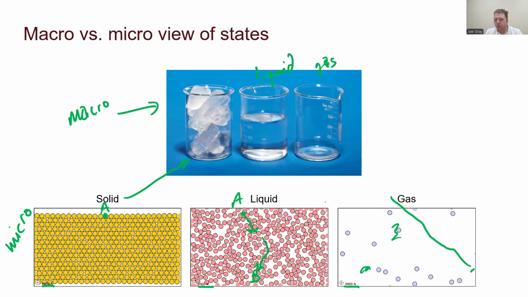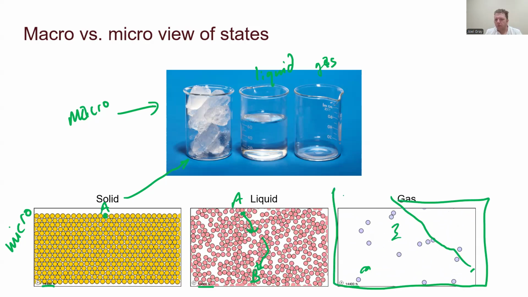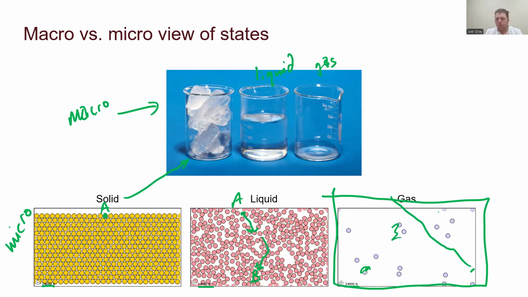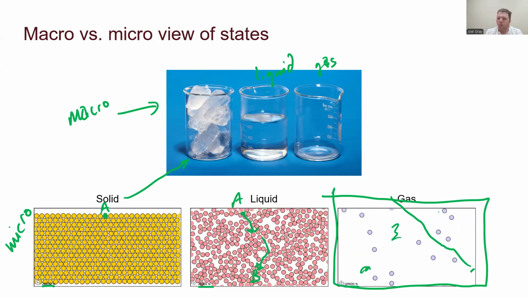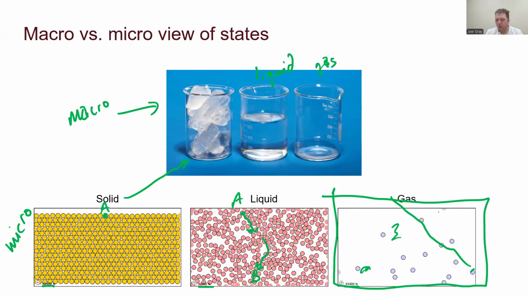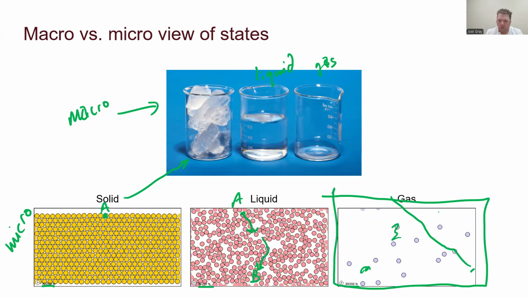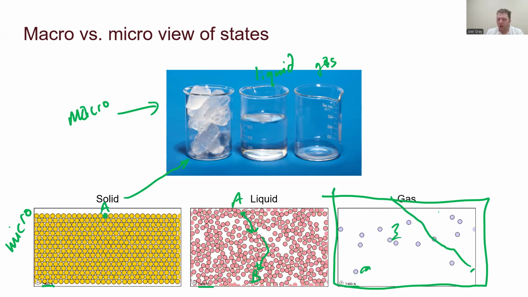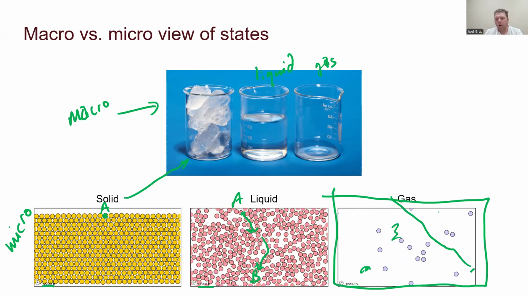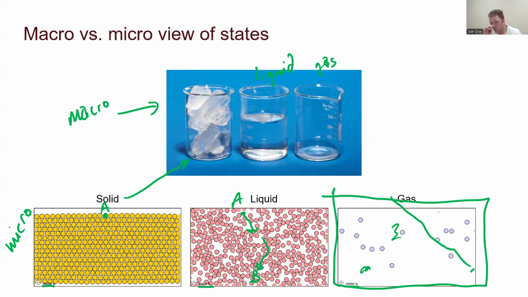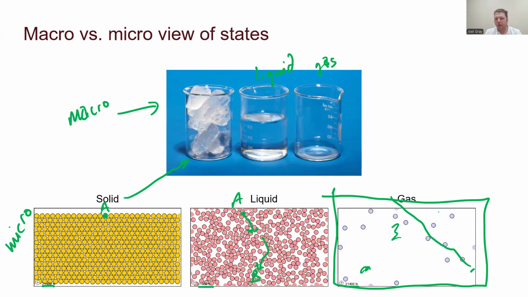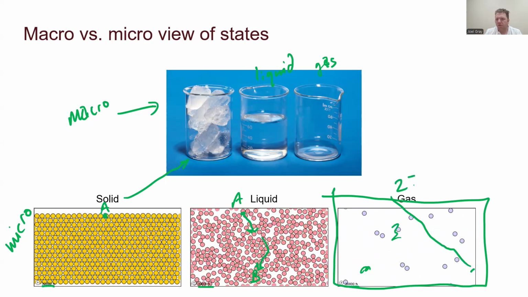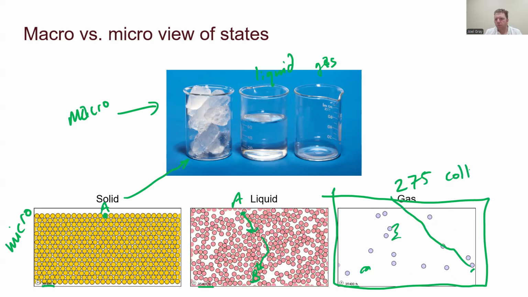If you watch this box right here, if you slowed this down enough, you could probably count up the total number of collisions between all of the atoms and be able to say something like, oh, there are 275 collisions in these 36,000 femtoseconds.